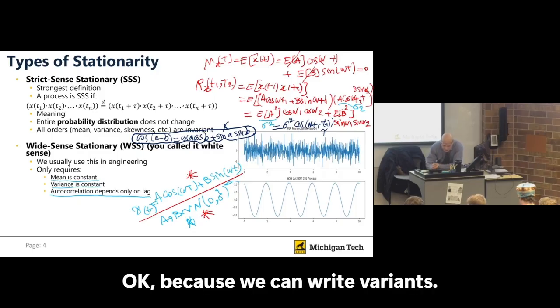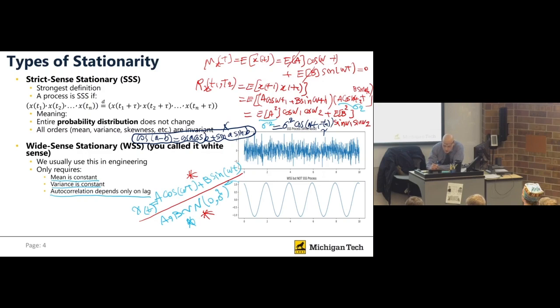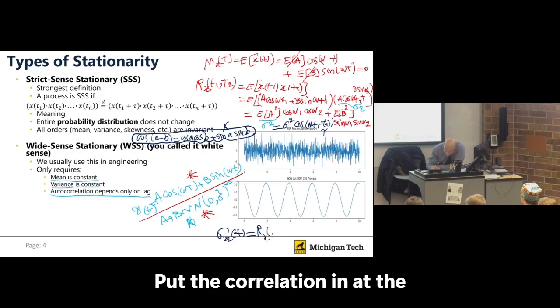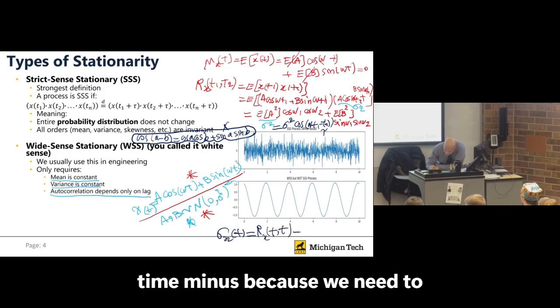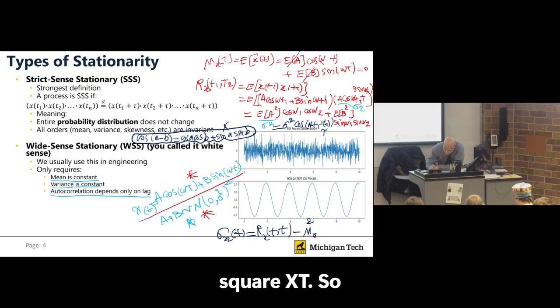Because we can write the variance also the same way. The variance of x(t) is equal to the autocorrelation at the same time, minus, because we need to remove the effect of the mean, m squared of x(t).